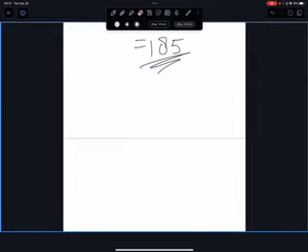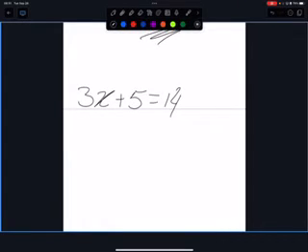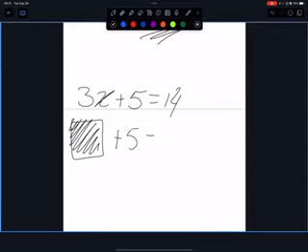So we start off easy. I have 3x. I multiply a number, I add 5 to it, and it becomes 14. The easiest way to look at it is something plus 5 equals 14.